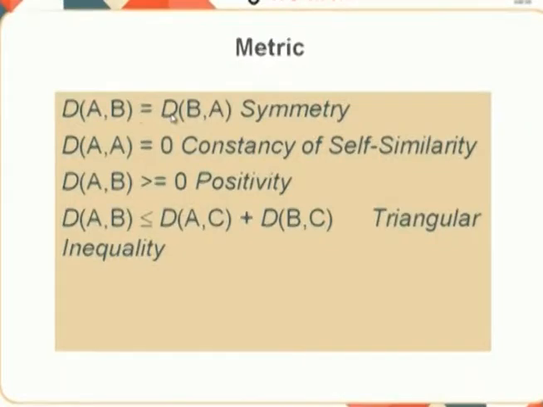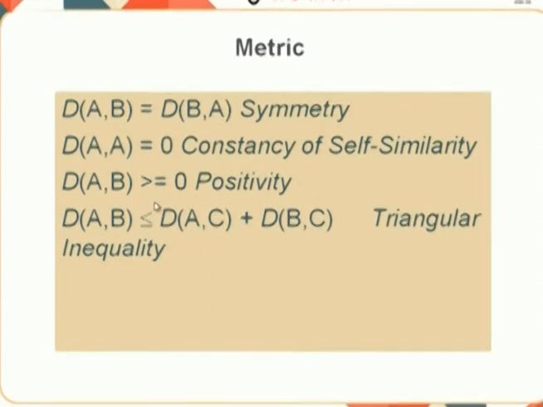Fine. This distance measure we can call a metric if these properties are satisfied. Suppose 2 points A and B are given, then if the distance between B and A is the same as the distance between A and B, then we call that the symmetric property. Similarly, the distance between the point A comma A is going to be 0, and this property is called the constancy of self similarity.